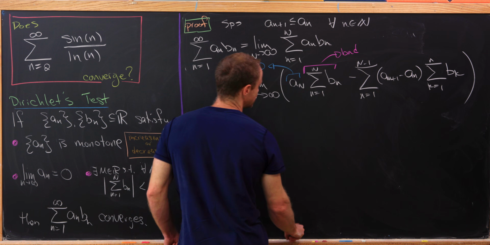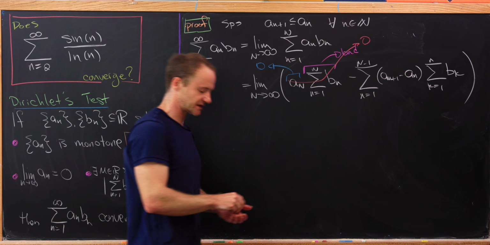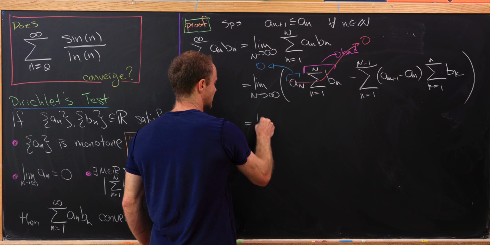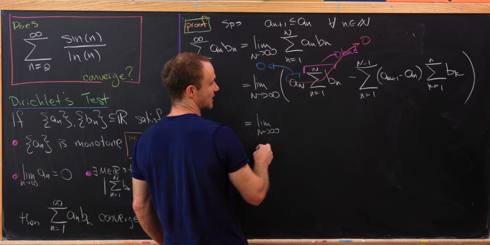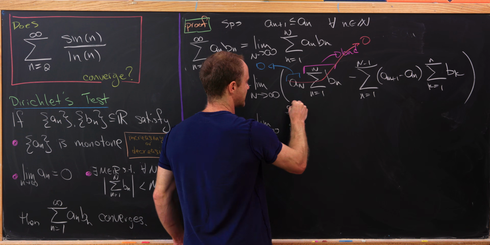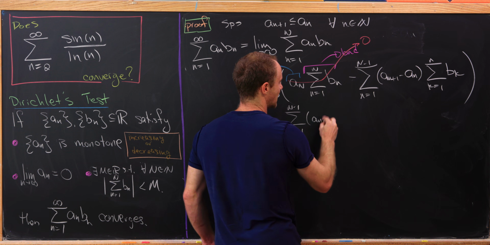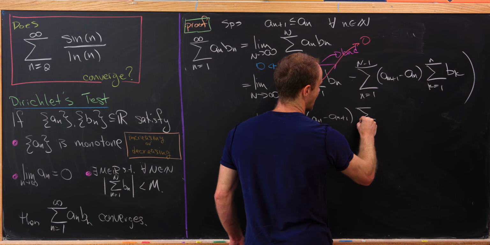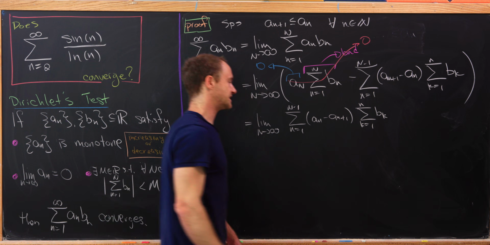But putting those two things together, that means that this whole first term simply goes to 0, which means we can write this as the limit as N goes to infinity of, let's see, we'll have the sum as n goes from 1 to capital N minus 1. Let's bring this minus sign in, and we have a_n minus a_{n+1}. And inside of that, we have the sum as k goes from 1 to capital N of b sub k.